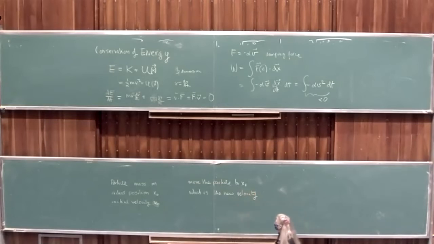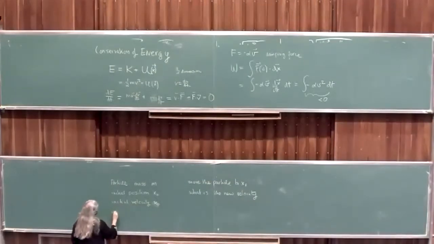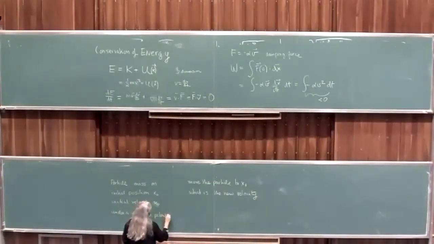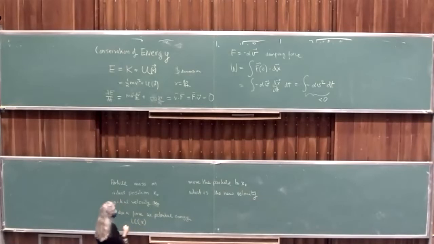So the particle is under a force with potential energy U. So we're also given this function. So our goal is to find the new velocity, which we solve for.